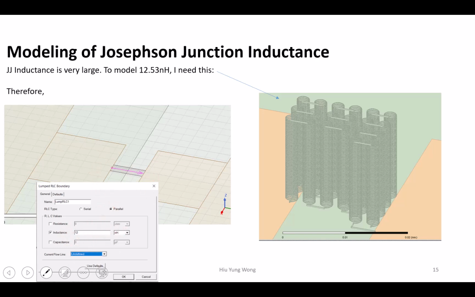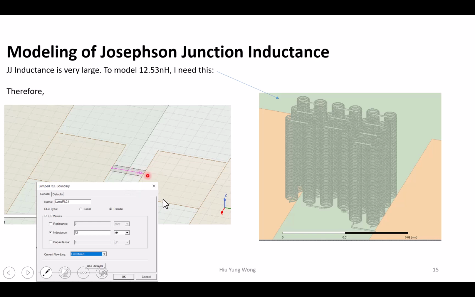It's just to tell HFSS this region has 12 nanohenry. Take it as a boundary condition, and that is to mimic the Josephson junction inductor. There's actually some problem with HFSS. I don't know if they fixed this bug already, but let's just assume it works.